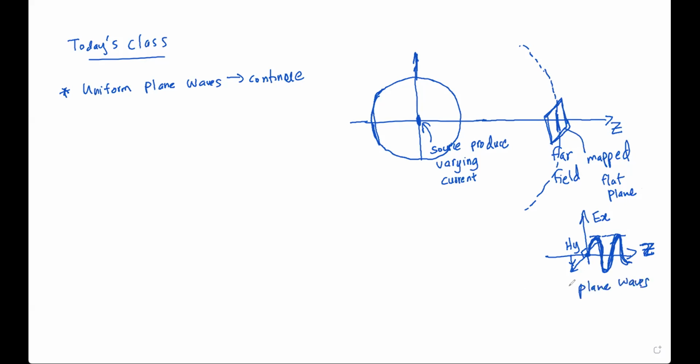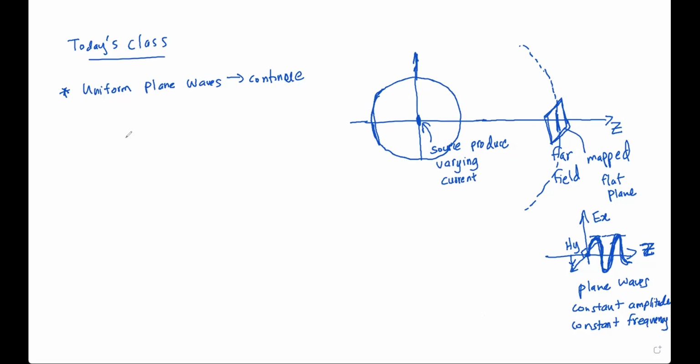The plane waves have constant amplitude, constant frequency, and a certain velocity of propagation, and they will have some other parameters. We will discuss those parameters in this section.